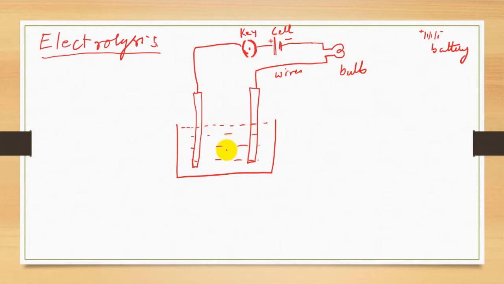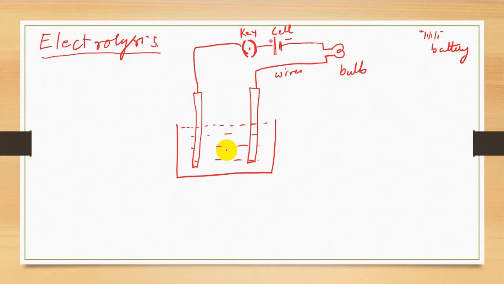Clear? Now when I take this and then if I just switch it on, the bulb may glow or may not glow. If the bulb glows, then the liquid conducts electricity. If the bulb does not glow, the liquid does not conduct electricity. Clear?